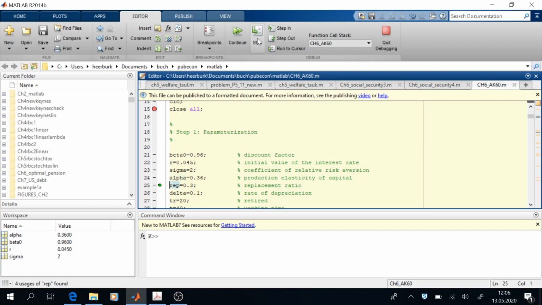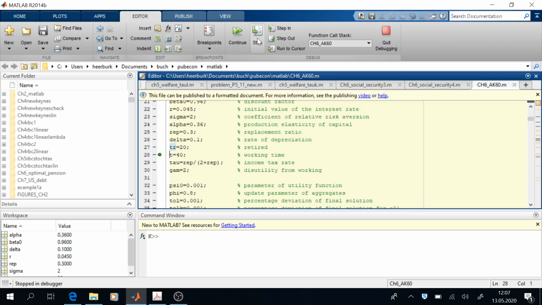The replacement rate of pensions with respect to net income will be 30%. Depreciation of capital is equal to 10%. The number of periods in old age as a retiree is 20, while the number of working time periods is equal to 40.